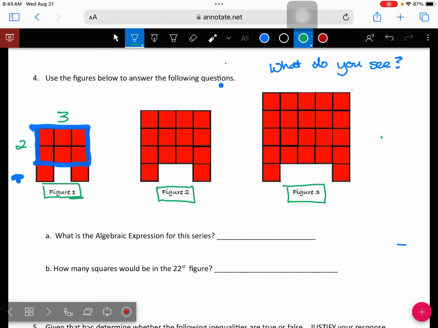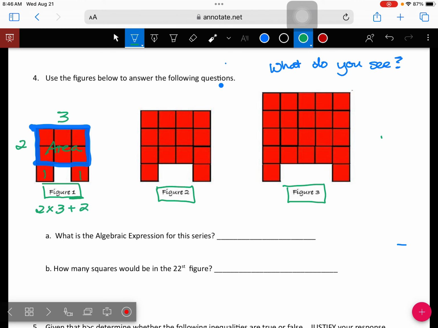And then we also have what at the bottom? 2 1 by 1. So is it a 2 by 3? That's an area, right? Plus these individuals. Okay, so you see a 2 by 3 plus 2.